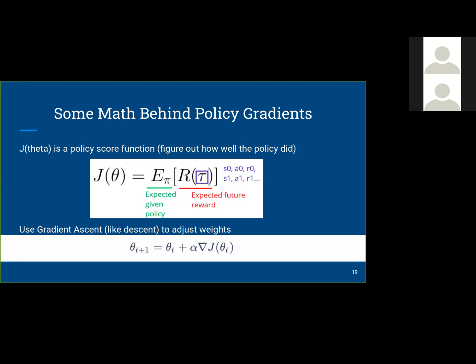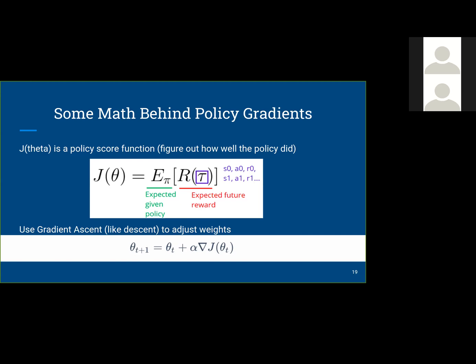And at the bottom, that just shows how gradient ascent works. The upside down triangle is the gradient symbol, and you're trying to find the gradient of your score function to use that to improve it. Alpha, of course, is the learning rate, and in gradient descent, you would see a minus sign between these two things.